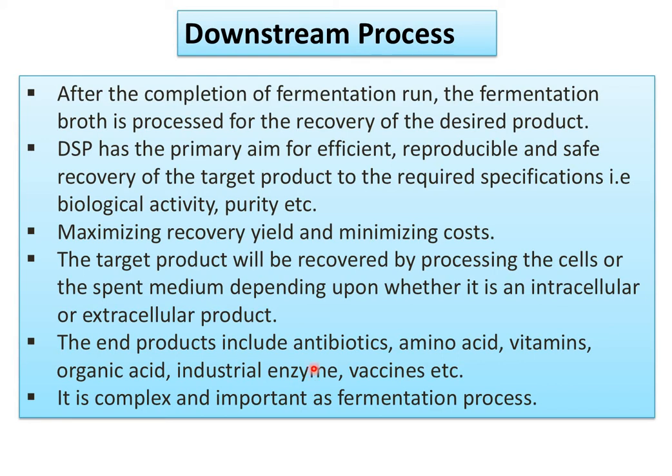Then the end products which are formed may include the antibiotics, amino acids, vitamins, organic acids, industrial enzymes, vaccines. So talking about the industrial products in industrial biology involving the microorganisms, these are the main products, I mean to say that industrial microbiology depends on the formation of these products during the fermentation.